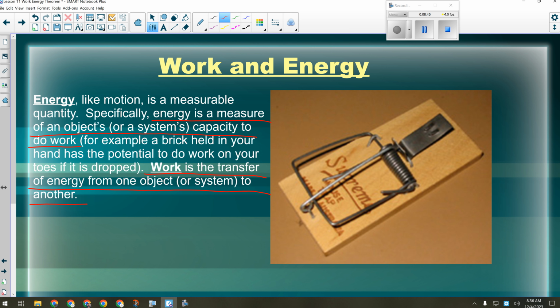So if I'm holding a brick above my feet, it has potential energy, because if I drop it, it'll fall and then hurt my feet. So energy is the capacity or ability to do work, and work is a transfer of energy. Does that seem like a chicken and the egg problem?